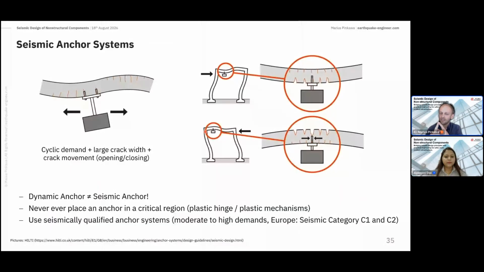We have a very large crack width, and the bad thing is also that the crack will develop at the anchorage system because it already weakens the structure, the cross section, and then the crack will develop at the anchor point. And the third issue is that we have crack movement. So the crack is closing, opening, closing, and it is quite clear that the demand and the performance requirements on such an anchor are very large.